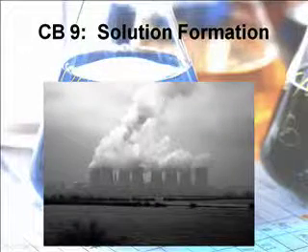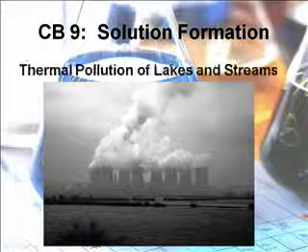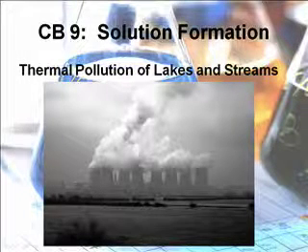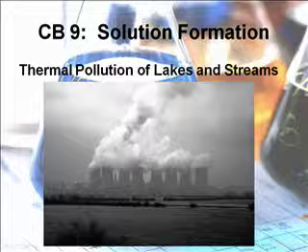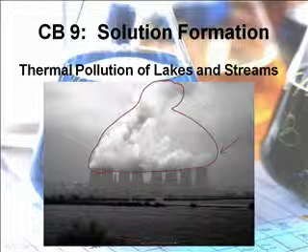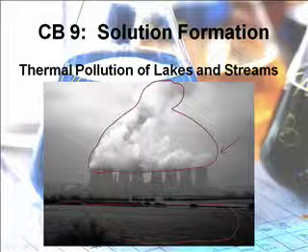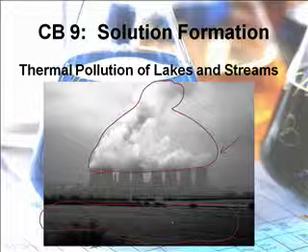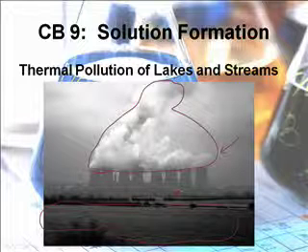Now, an interesting application of this is something called thermal pollution. If you have a factory or a power plant, and they put power plants near bodies of water, as in this picture. Any ideas why? It's because they need to use the water to cool down their stuff. So if you take water from a lake or a stream and use it to cool your stuff down, you then expel warm water back into the water.